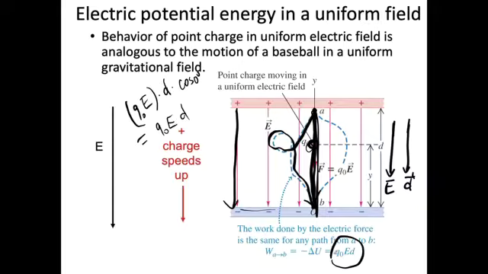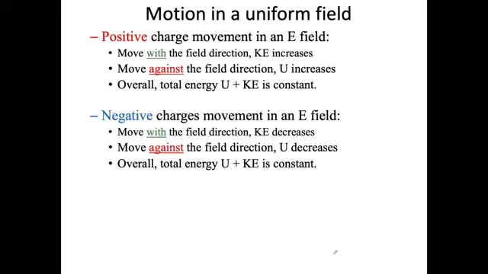Now, if we recall energy conservation, when potential energy decreases, the potential energy is transferred to kinetic energy. The total energy, potential energy plus kinetic energy, is still going to be a constant, and this is energy conservation. So the difference between electric potential energy and gravitational potential energy is that you have two different kinds of charges.